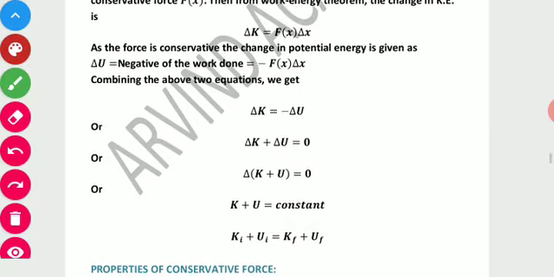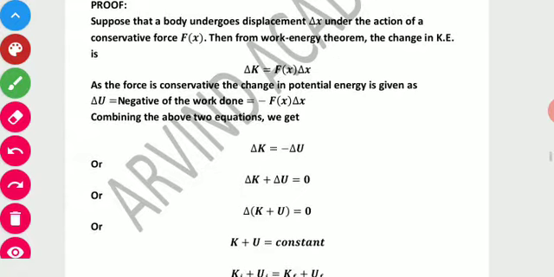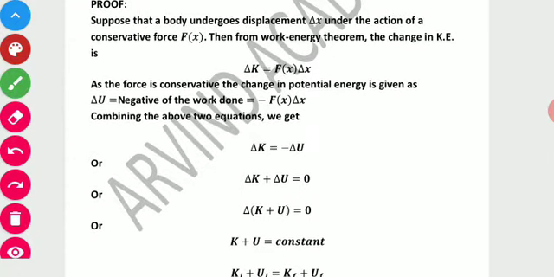So here we have the proof of this theorem. Suppose that a body undergoes displacement delta x under the action of a conservative force F, which is a function of x.